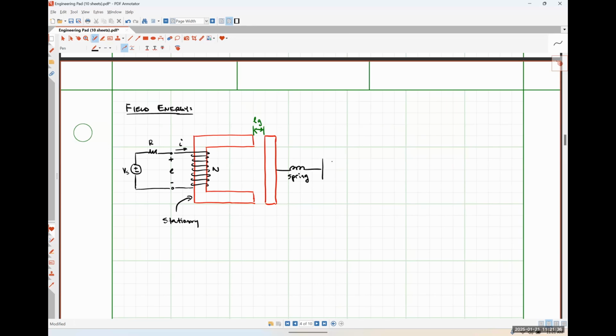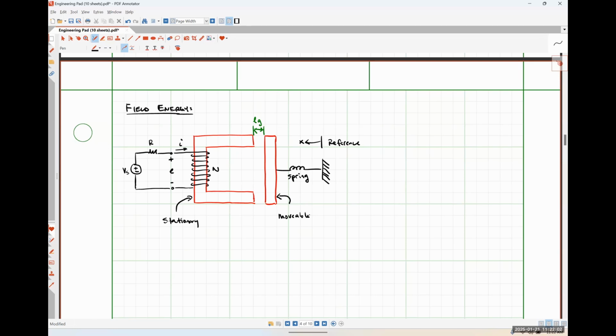And then the other side of the spring is anchored like so. And so I'm going to call this my reference position. And this will be my X direction. So because that right leg is mounted on a spring, we're going to assume that this part over here is a movable part.